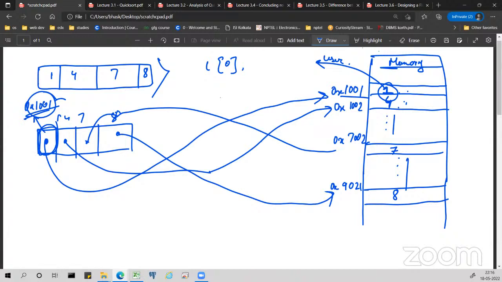Can it happen like this, or is it always sequential? It can happen. This is just random, so it can happen, and it is actually one of the advantages, and because of that you can create lists of large sizes.